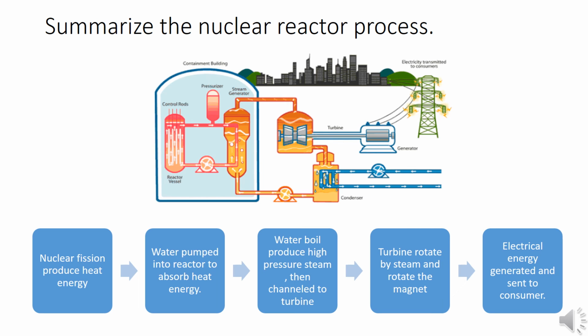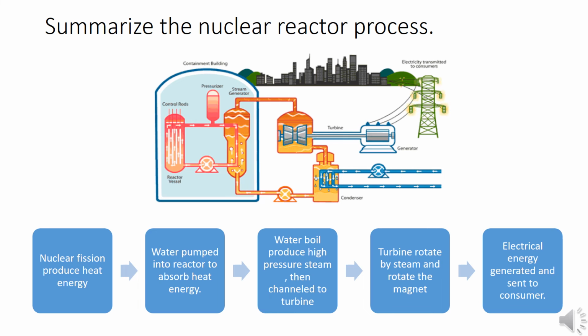On this slide, we will summarize the nuclear reactor process. The flow is nuclear fission produces heat energy, then water is pumped into the reactor to absorb the heat energy.